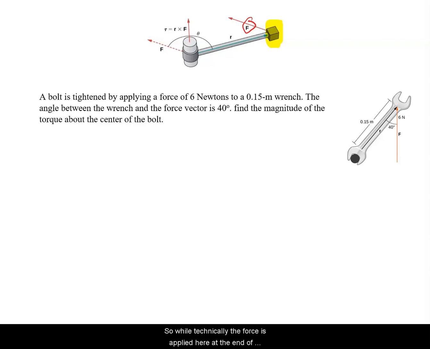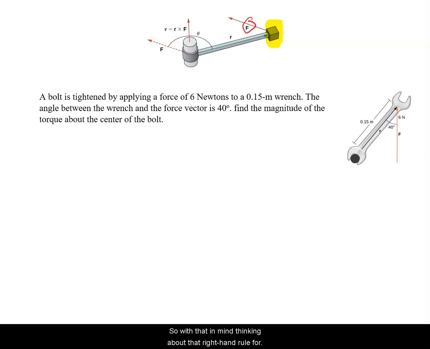So while technically the force is applied here at the end of the wrench or the lever arm, to make sense of a cross product, we're going to consider it being located here at the center of the rotation.